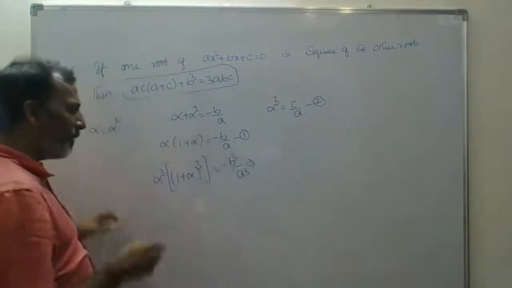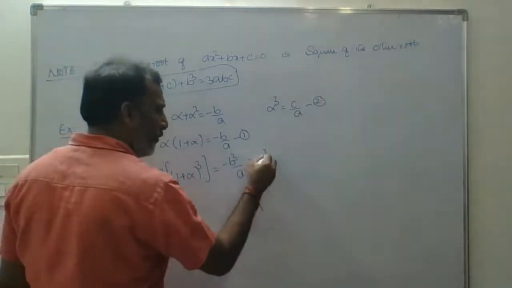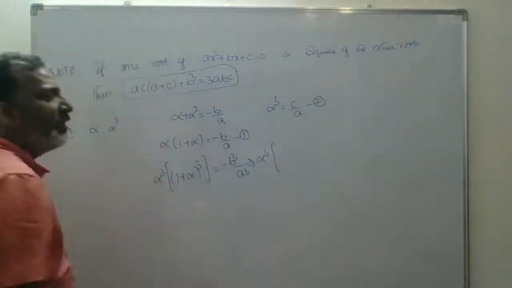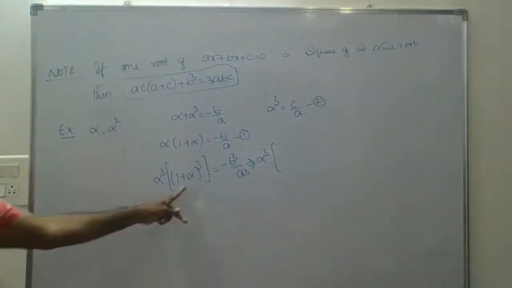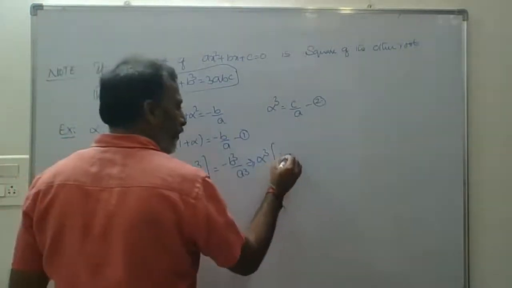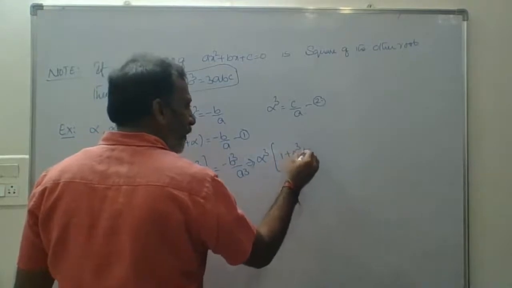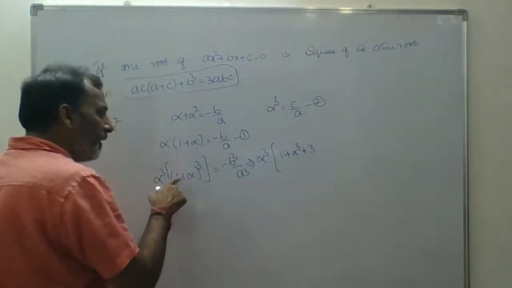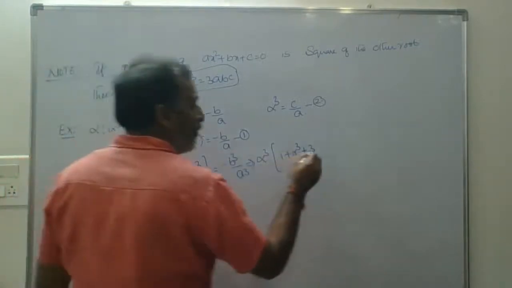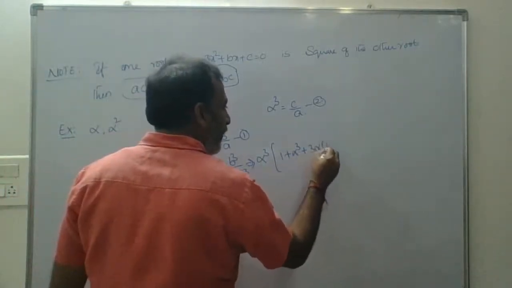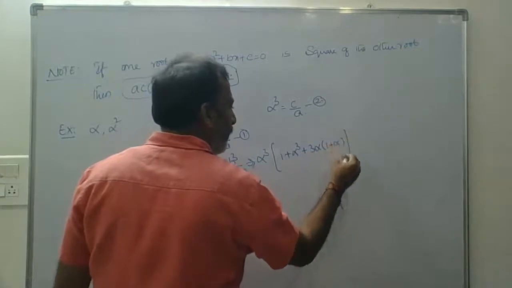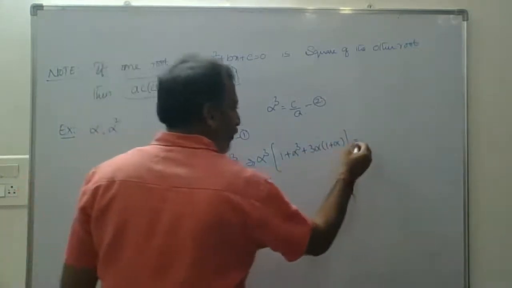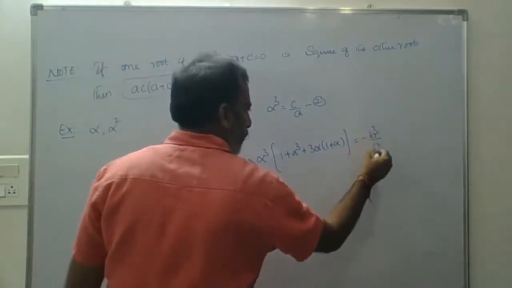Expand carefully. Alpha cube into the bracket, where we have the (a plus b) whole cube formula. What is (a plus b) whole cube? a cube plus b cube plus 3ab(a plus b). Here a is 1 and b is alpha, so 3 alpha into (1 plus alpha) is equal to minus b cube by a cube.